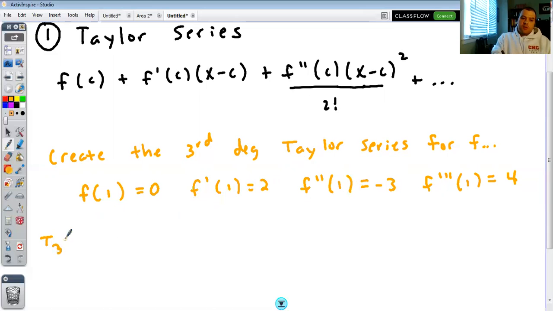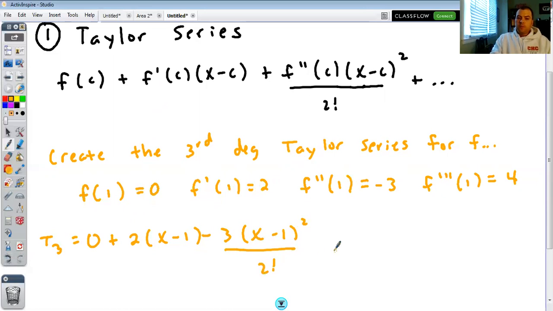So our series would be equal to f of c, so f of 1 is 0, plus f prime of c, so 2 times x minus 1, plus, and not plus this time, -3, so it's going to be a -3 times x minus 1 squared over 2 factorial, and then plus 4 times x minus 1 cubed over 3 factorial.